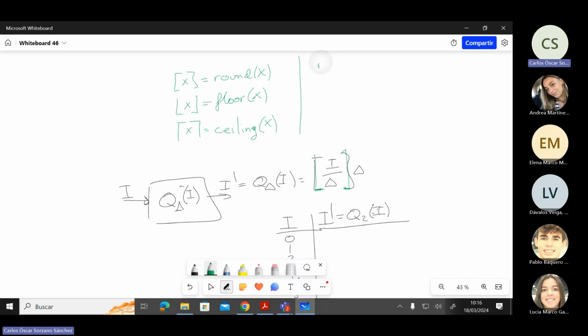Let's put some examples. Round of 0.7 is 1. Floor of 0.7 is 0. And the ceiling of 0.3 is 1. So you have to get the next integer from above, from below, or the closest one. Let's say that ours here is rounded down.